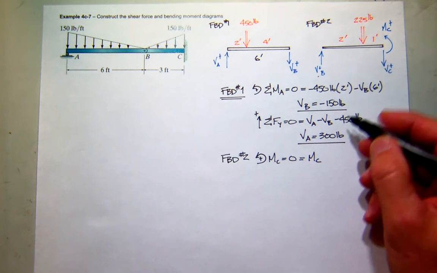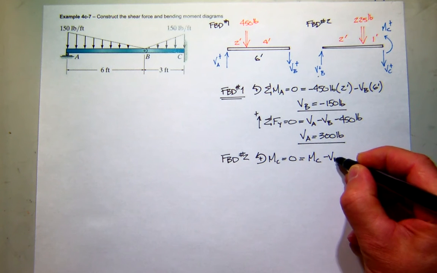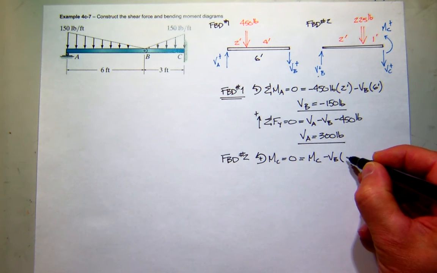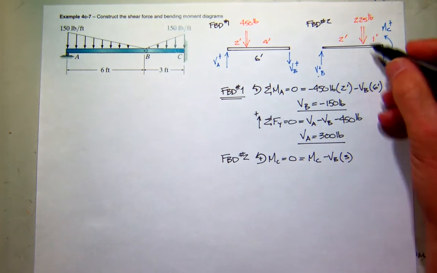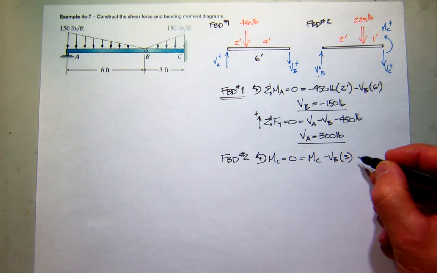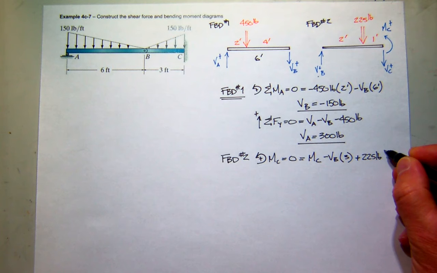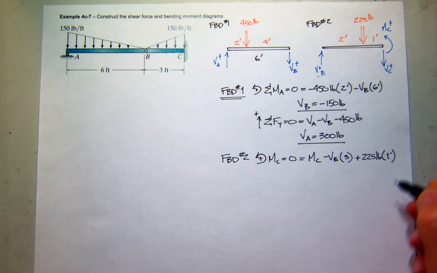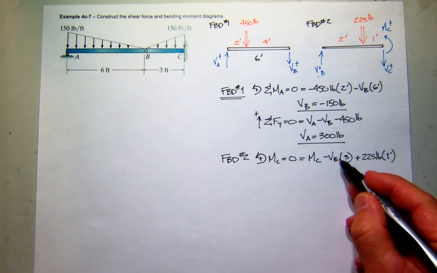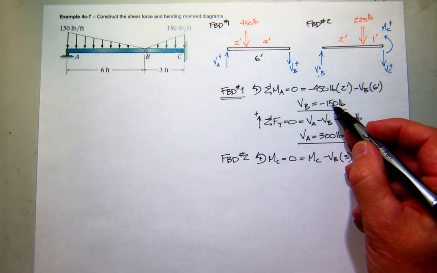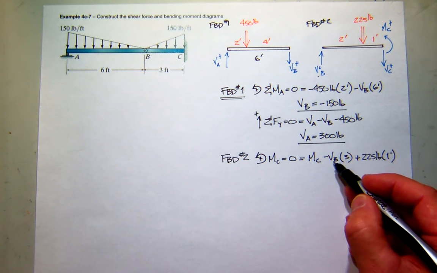It's negative, right? And has a moment arm of 3. And then the force is positive, and it has a moment arm of 1. You see that? Remember, I know the shear at B. What is the shear at B? Negative 150. So I plug in a negative 150 there.